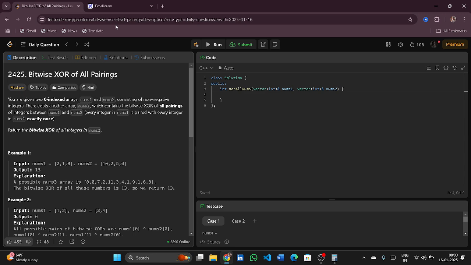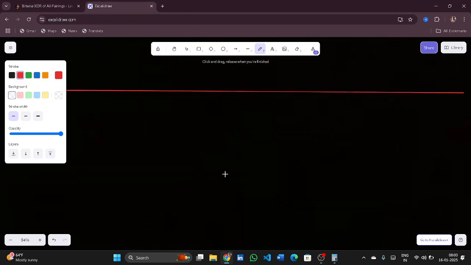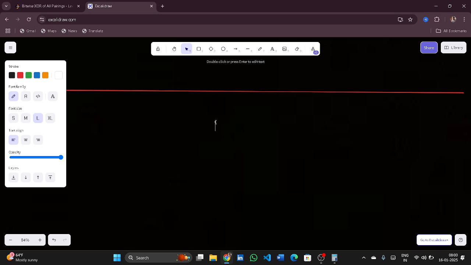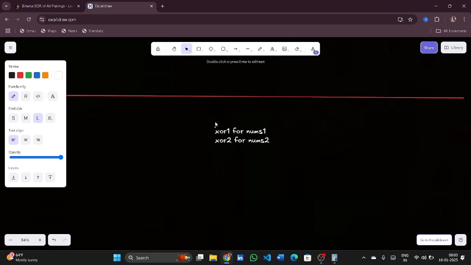So let me write the code here. The algorithm we will be considering: first thing, XOR1 for nums1 and XOR2 for nums2, right? We'll calculate XOR for nums1 and nums2.